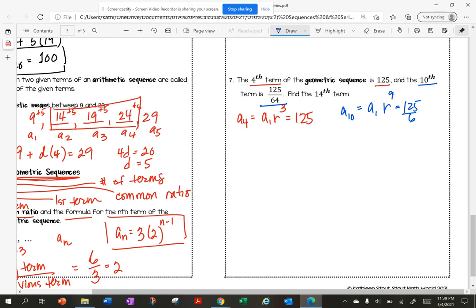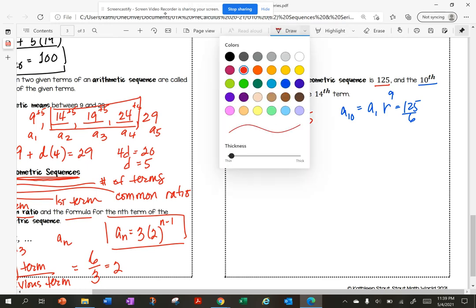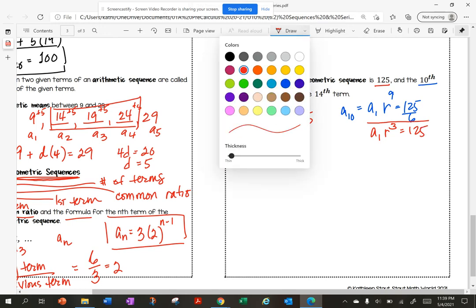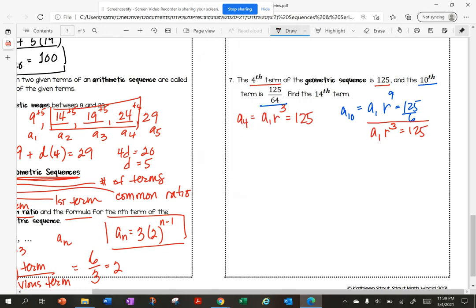Okay, so this time to eliminate the first term, I'm going to divide my equations, not add them together. So I'm going to take the second equation and divide it by the first equation. So this is the first term, r cubed, and that equals 125. a1 divided by a1, anything divided by itself is 1.